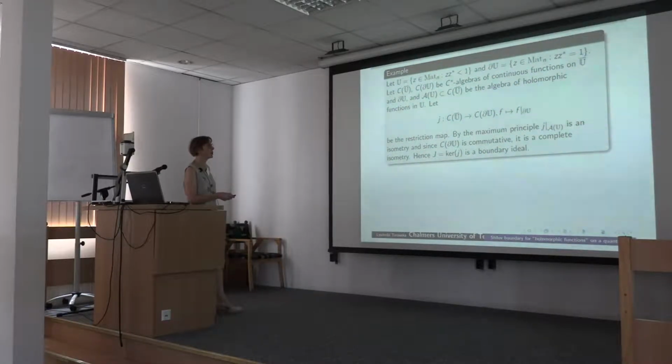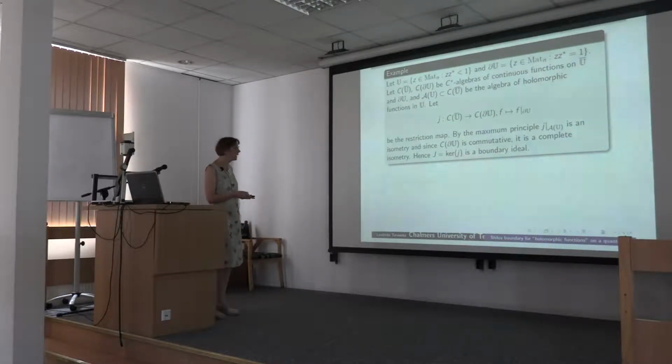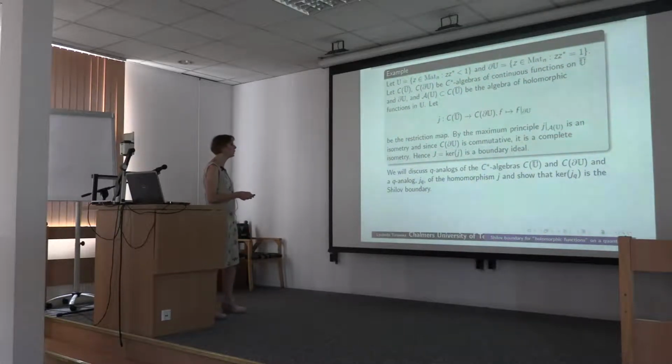So this is the restriction map, and it's known that there is this maximum principle, even in this case, which says that J restricted to A(U) will be an isometry, and since this is commutative, it will be a complete isometry, and therefore J is a boundary ideal, and even the Shilov boundary ideal.